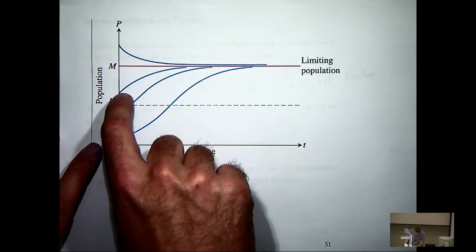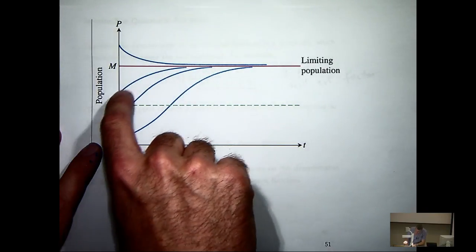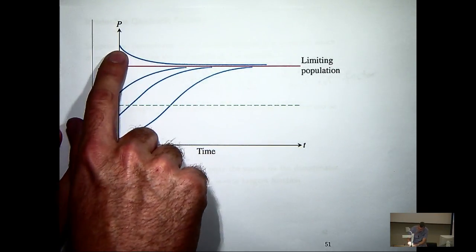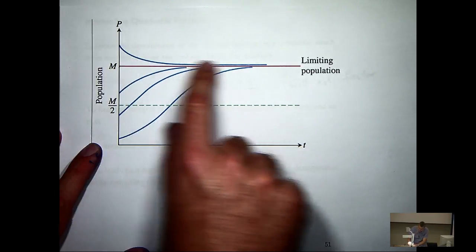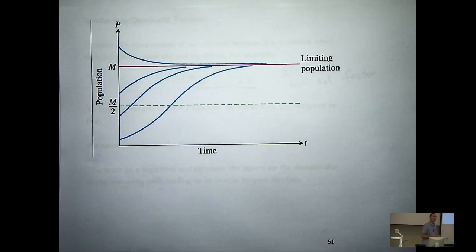If I have a higher population to start off, things don't increase quite as fast. If I have a very high population, things decrease. So either way, you end up having a population that approaches some limit called the carrying capacity. This is the sort of optimal amount of people or numbers that the environment can support.